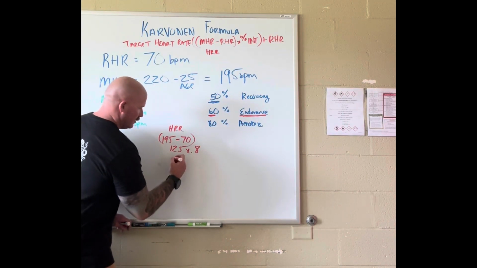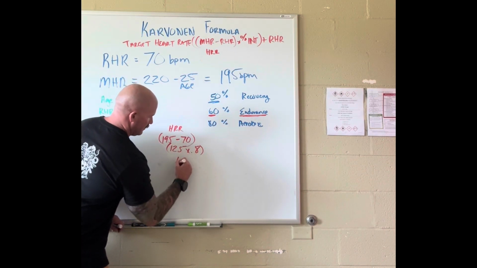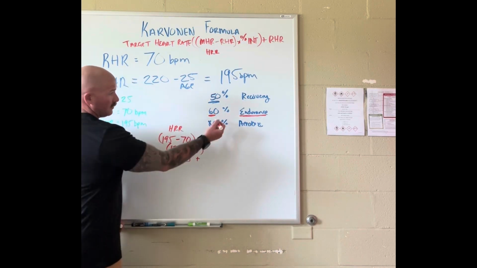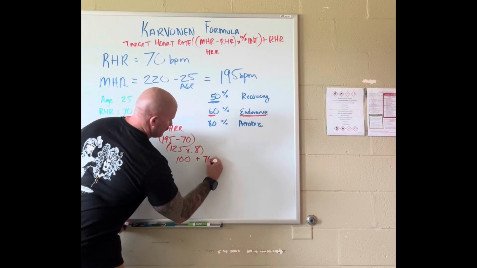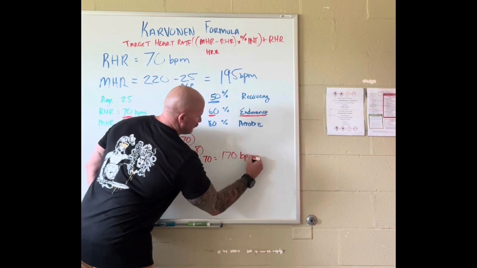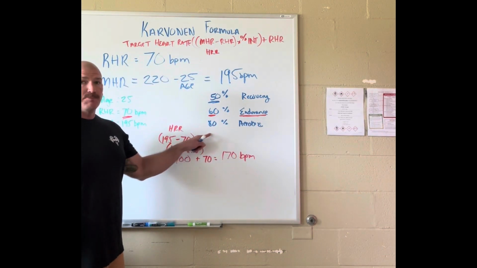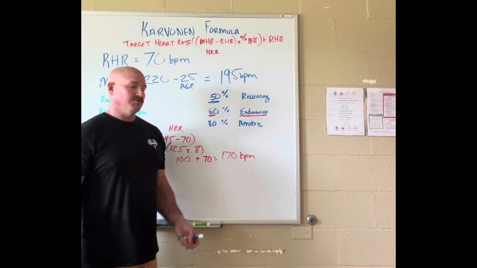Okay, so this comes out to 100 plus resting heart rate, which is 70, will give us 170 beats per minute. And again, this is utilizing 80%, which is an aerobic or your maximum threshold.